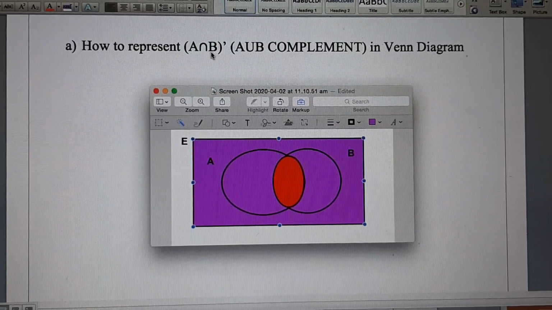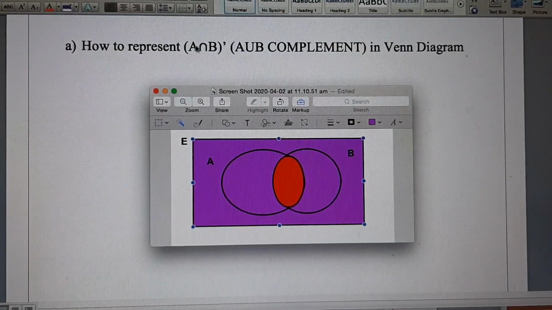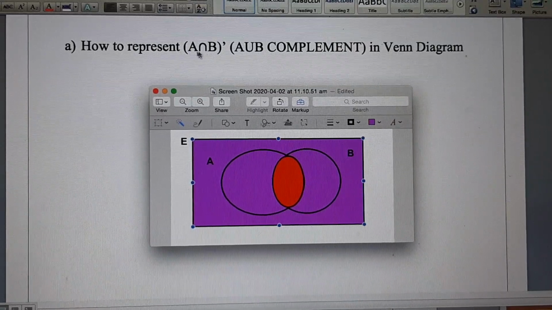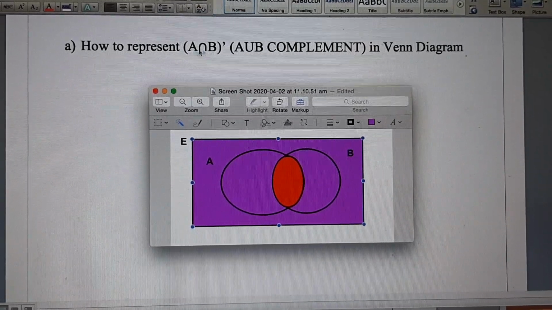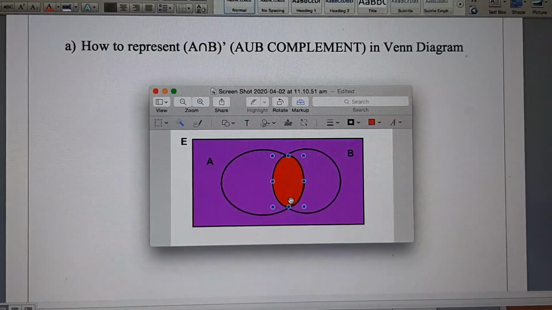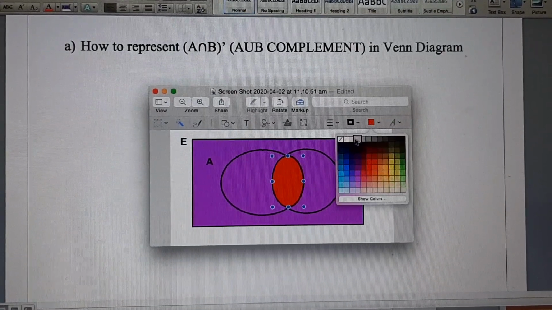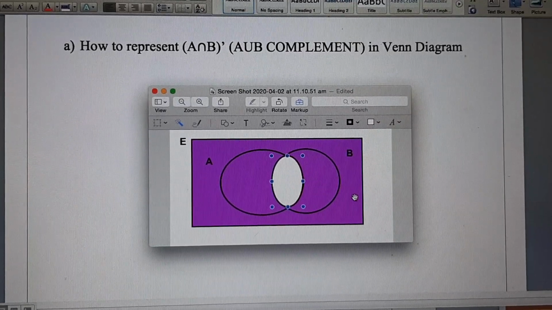Now from here we can conclude that whenever you are going to take complement of any set or any combination of sets, you are not supposed to shade that thing. Suppose A intersection B complement means you are not supposed to shade A intersection B. So I am going to unshade A intersection B because I am going to take complement.